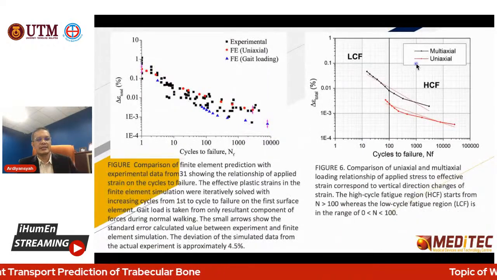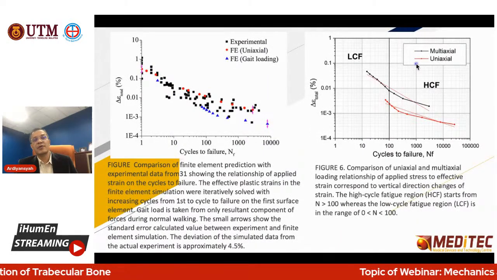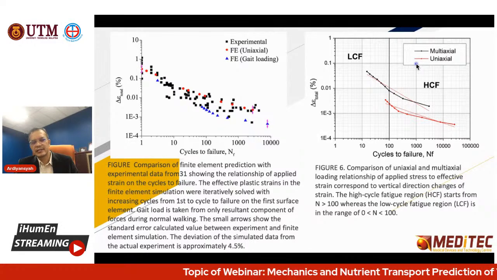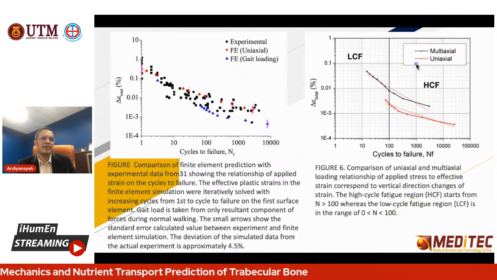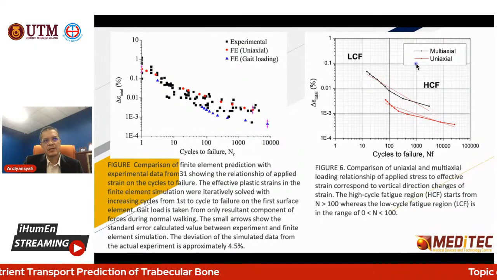Okay, this is the advantage of having the model. After testing, after you prepare the sample, you can scan it and then manipulate anything. You can analyze and compare with the experiments.